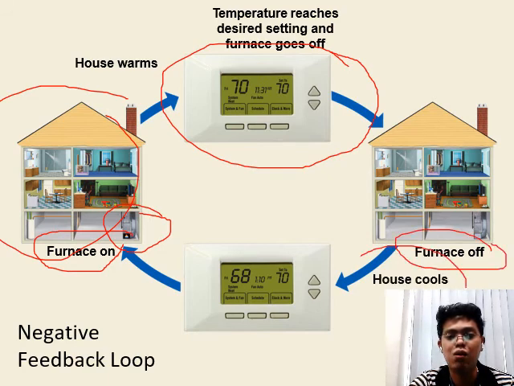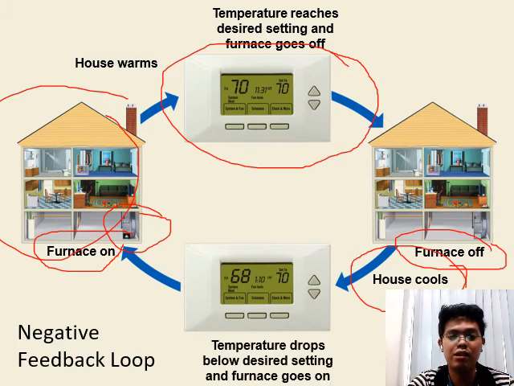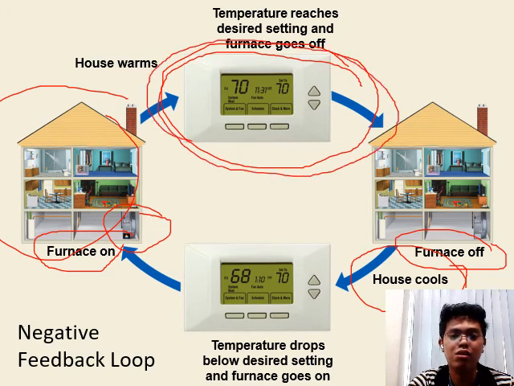Then the house cools. So instead of a straight line where the furnace just keeps working and the house keeps getting warmer and warmer, you put in a throughput system that automatically turns off the furnace so that the temperature cools down once more. That's an example of a negative feedback loop.